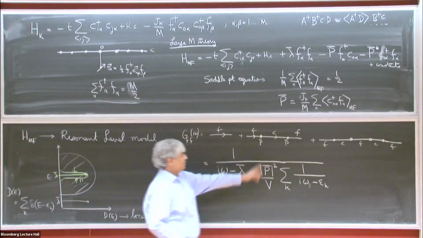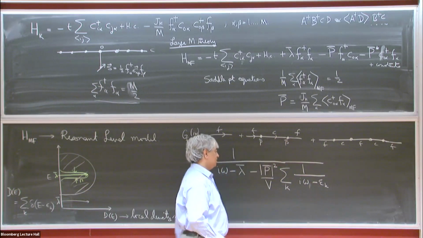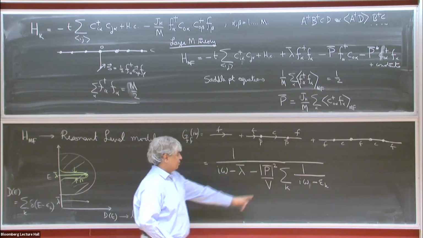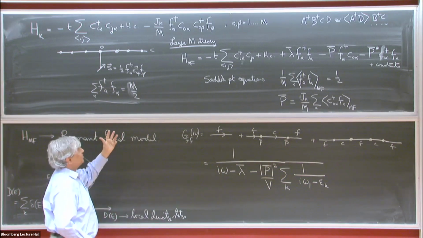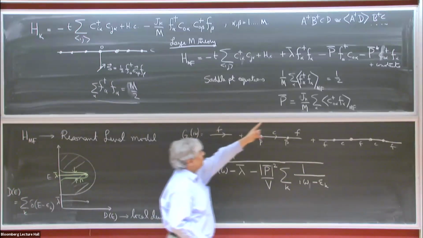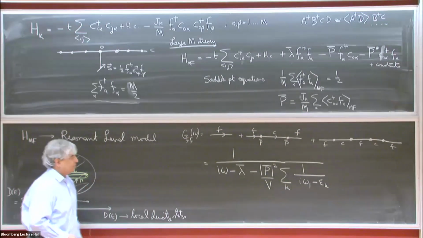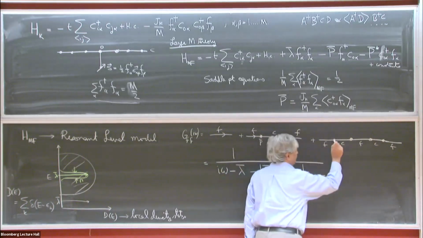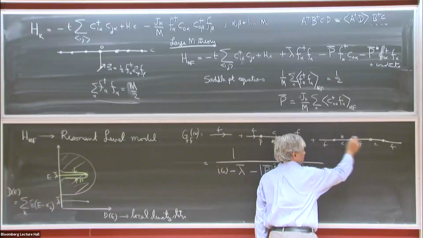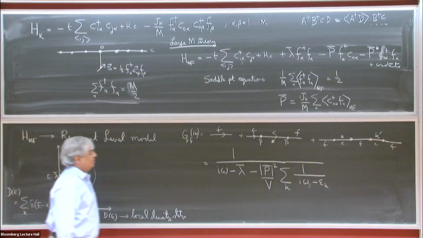This is the self-energy equation, two factors of p bar, and the propagator of the conduction electron. The 1 over volume comes from the Fourier transform when you go from the local c_0 to c_k. And you sum over all k. So the intermediate states have arbitrary momentum, the f electron has no momentum. So all the intermediate states are summed up.